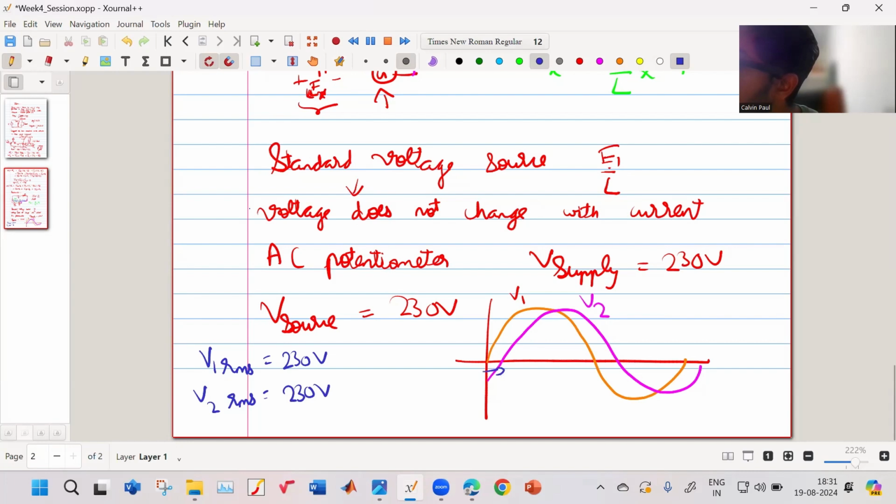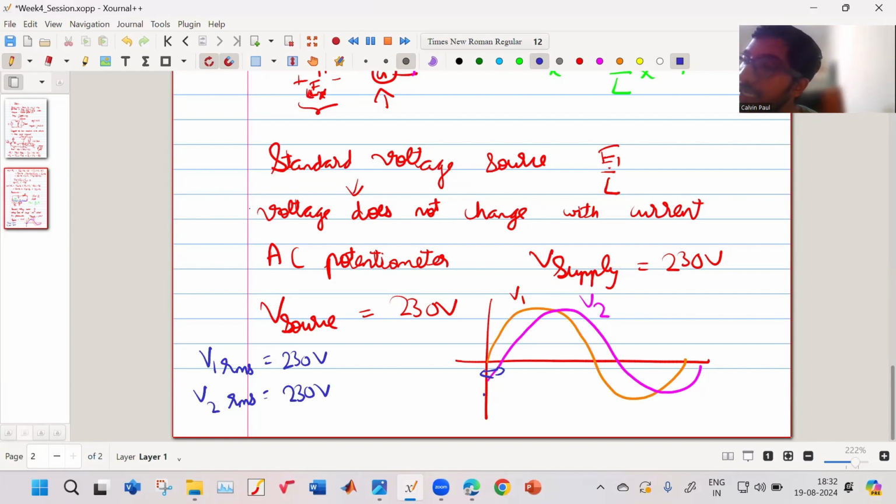There is a certain phase shift, and because of that phase shift, a certain current will flow. So even though the RMS value of the voltage you want to measure is the same, you still cannot get that null condition because there is a phase shift.